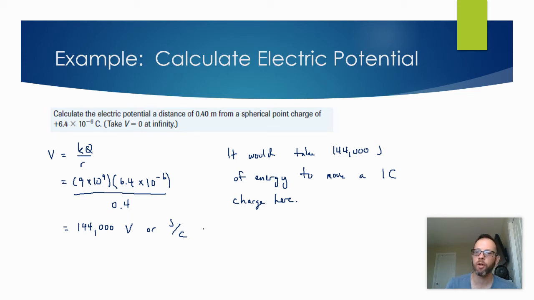Even if we're used to energy, conservation of energy, working with something different can be a little confusing at times. It really can be useful just thinking in terms of what's setting up the field. You'll just have to trust me on that one. Like a 0.1 coulomb charge would be 14,400. So again, it's just giving you the general electric potential in the field per unit of charge.